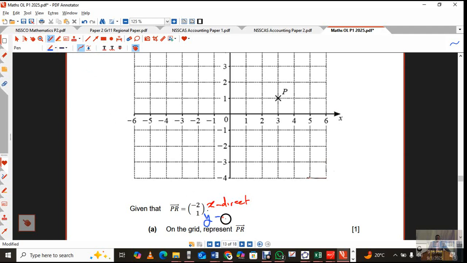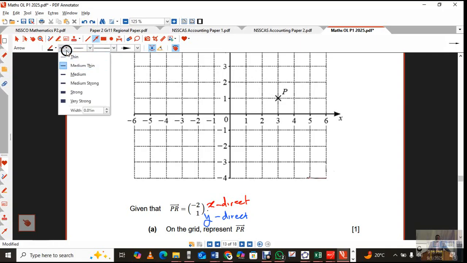This is a vector. So if x is -2, then you're going to go to the left, 2 places to the left. If y is +1, you're going to go up. So represent that. As a vector, it will be 2 places to the left, 1 place up, north. Maybe we can change the color of that.